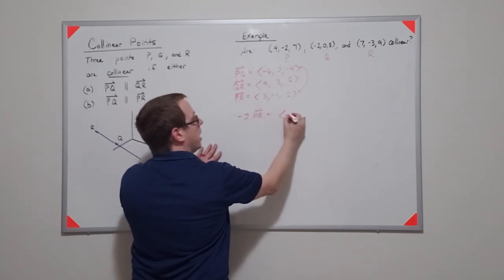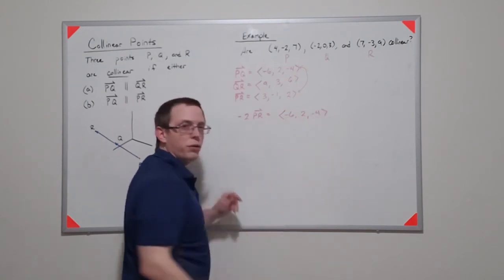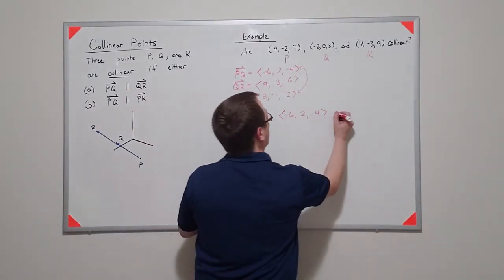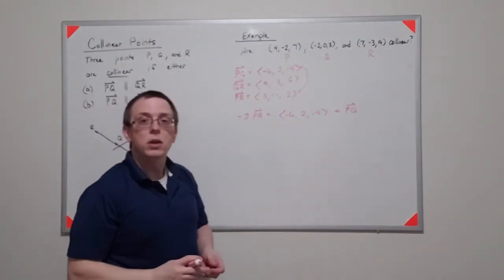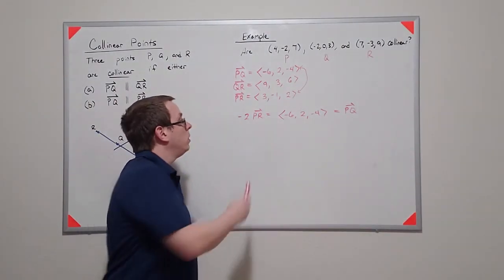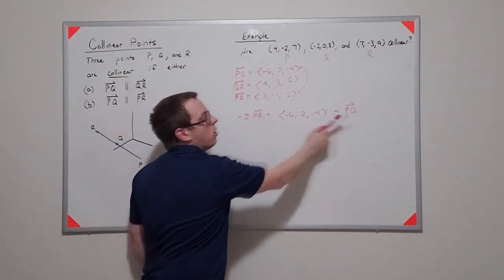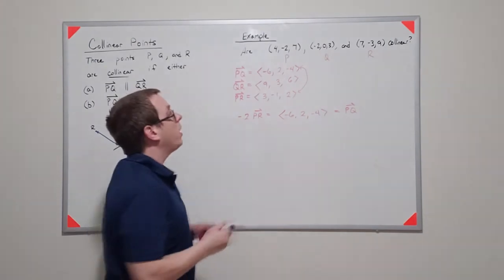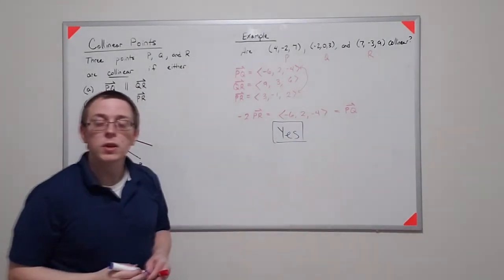That's negative 6, positive 2, negative 4. Because there is a scale or number that can multiply times PR to get PQ, we know that they are collinear. And that's how you do it.